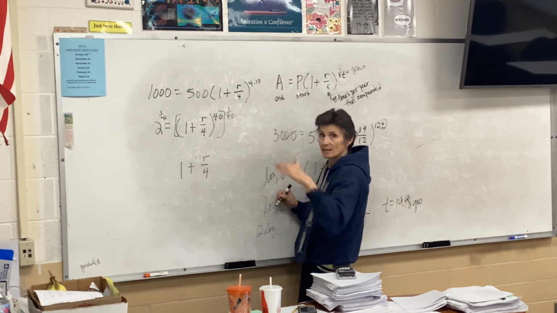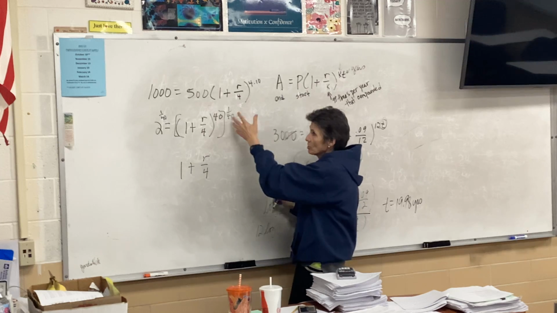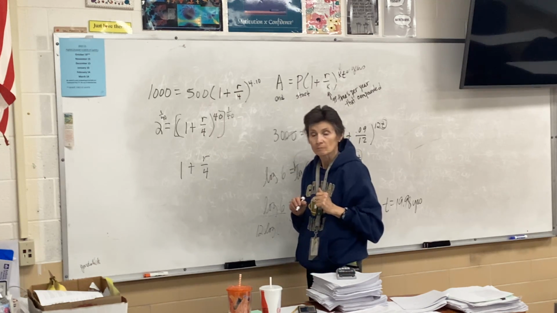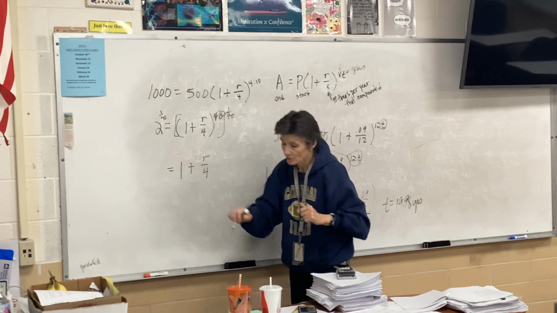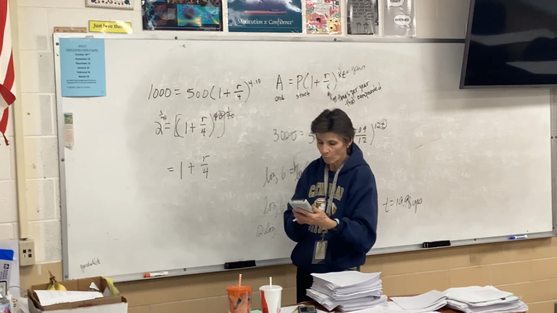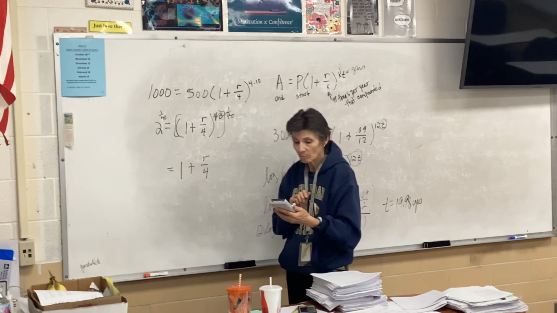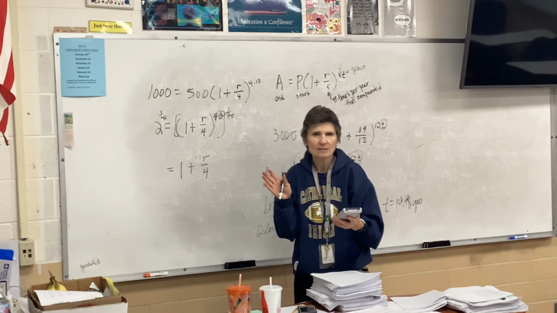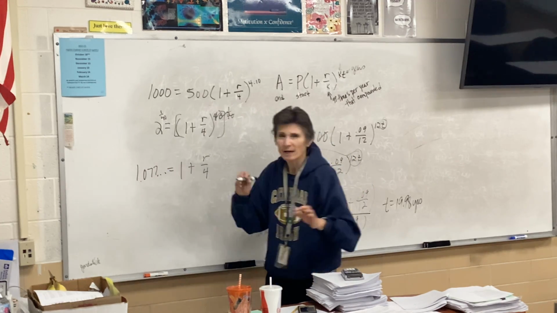I like to, instead of messing around doing the 40th root, which your calculator will do, just raise to the 1/40th power. So this is gone. I have 1 plus r over 4 equals 2 to the 1/40th, so 2 raised to the 1/40th power is about 1.077. I'm not going to round it off.